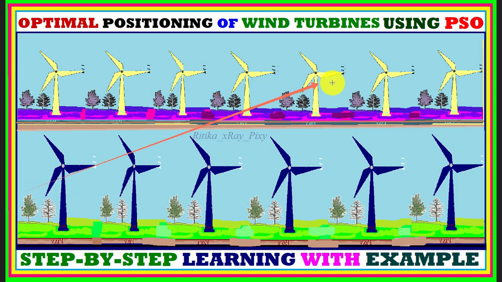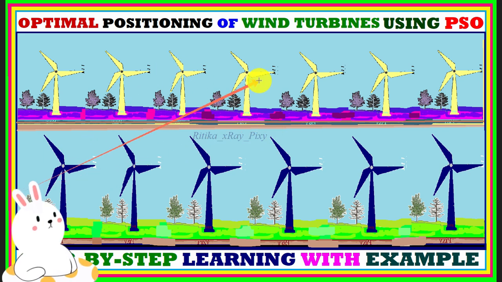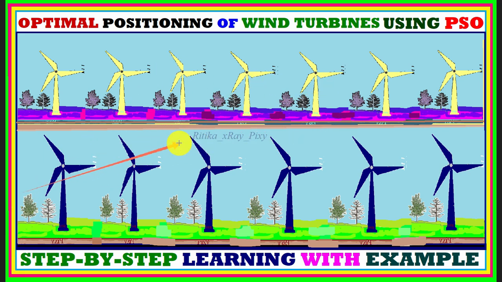So here you can see this is the wind farm, and it is also known as a wind park or wind power plant. A wind farm includes a number of wind turbines in the same location used for energy production. If the wind farm layout is not properly optimized, it results in decreased power output and increased maintenance cost.